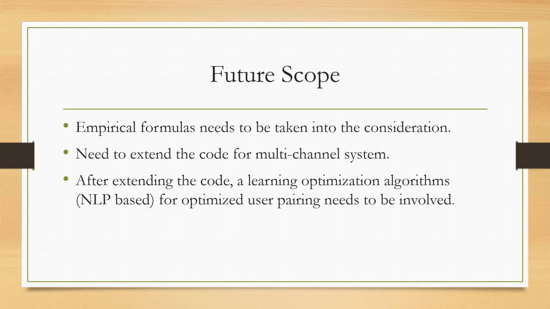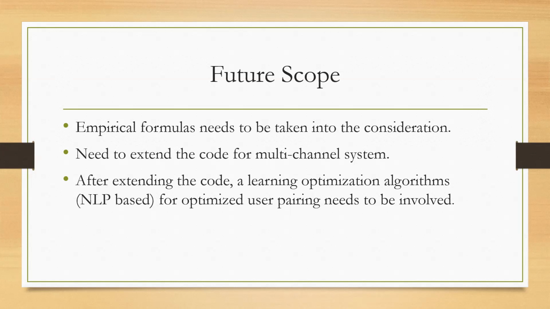Now, the free space path loss model does not consider the dynamics of the environment in which the signal is going to be transmitted. So there is a need to replace it with empirical path loss models. By these empirical formulas, we can get a much closer, more precise calculation of the power requirement of a particular user.